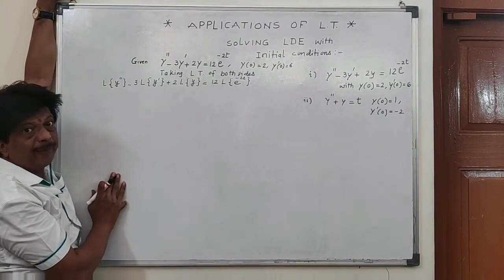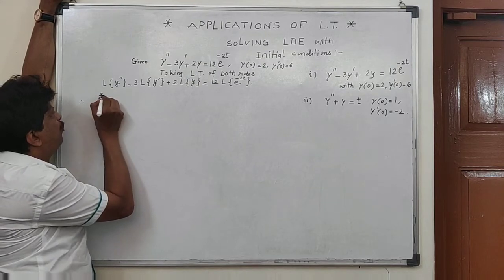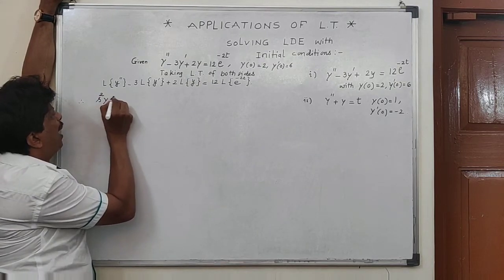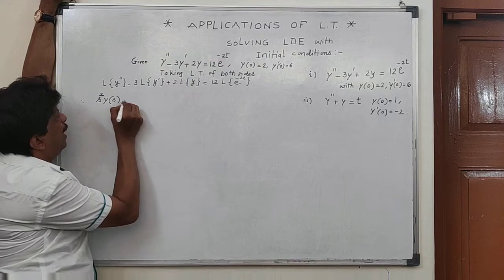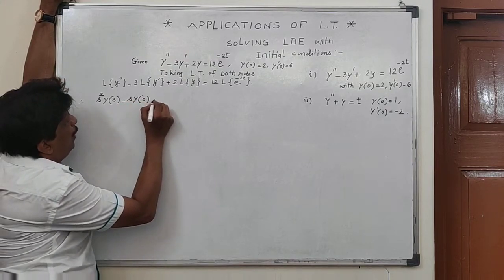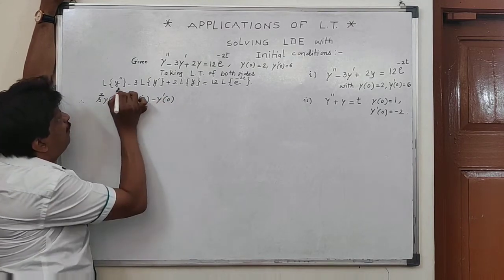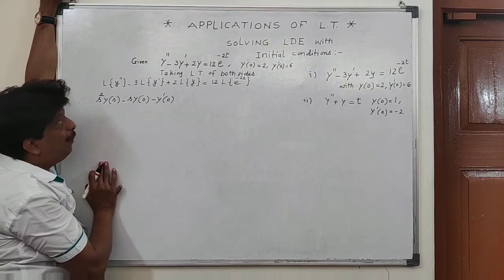Laplace transform of y double dash is, by formula, s square y of s minus s y of 0 minus y prime of 0. That is the Laplace transform of just y double dash.